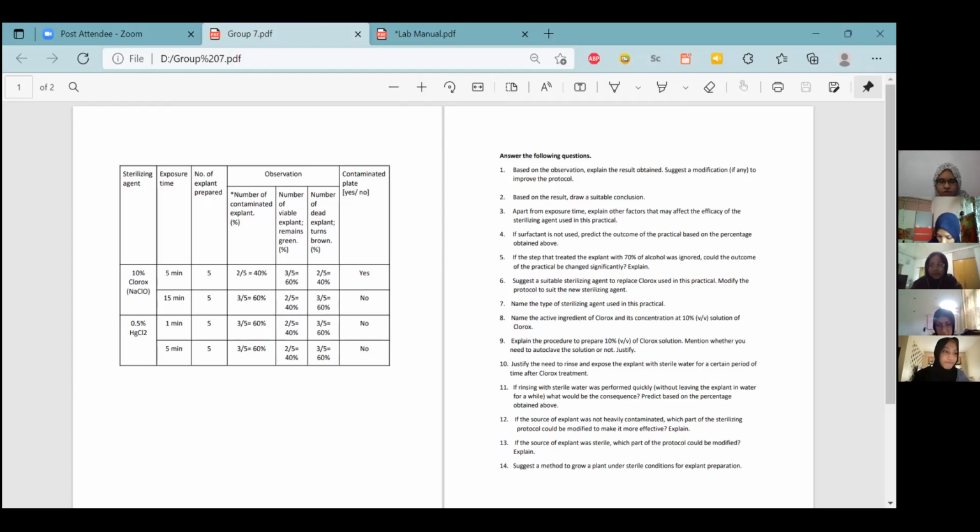For question number 10, justify the need to rinse and expose the explant with sterile water for a certain period of time after Clorox and mercury chloride treatment. For Clorox solution, we need to rinse and expose the explant with sterile water because we need to remove the traces of NaOCl.